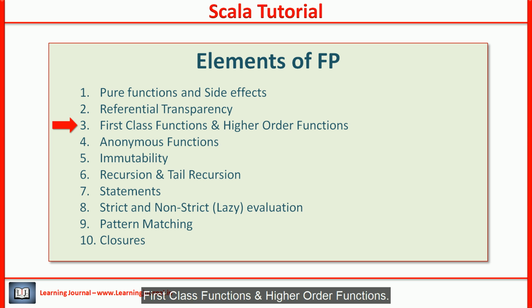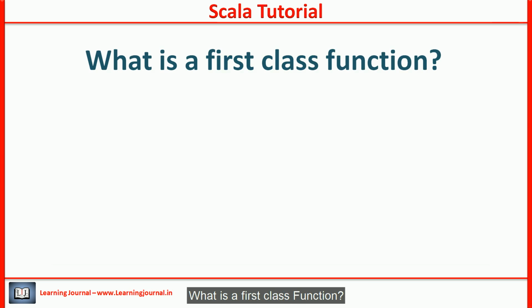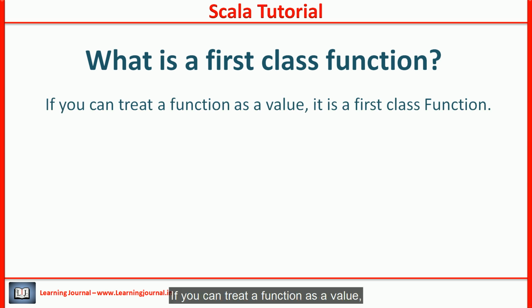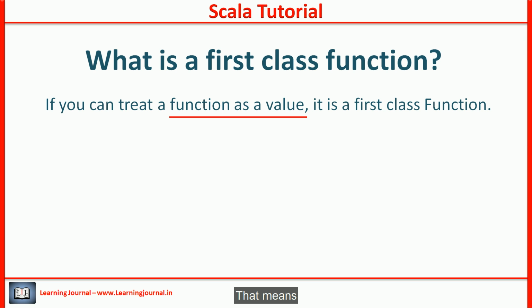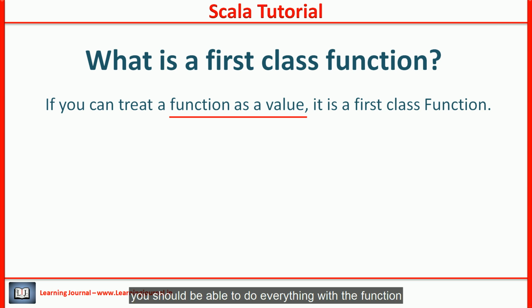First class functions and higher order functions. What is a first class function? If you can treat a function as a value, it is a first class function. That's a simple definition, but what does it mean? That means you should be able to do everything with the function that you can do with a value.